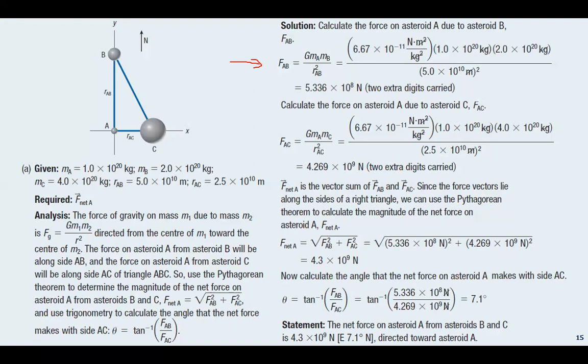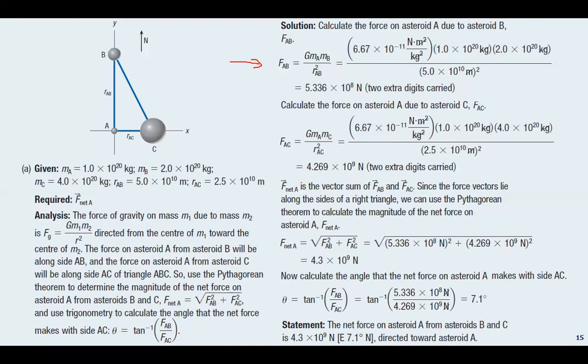Okay, second question. First, we can calculate the distance between asteroid B and C, denoted by RBC. RBC equals the square root of RAB squared plus RAC squared, which is approximately 5.590 times 10 raised to the power of 10 meters.